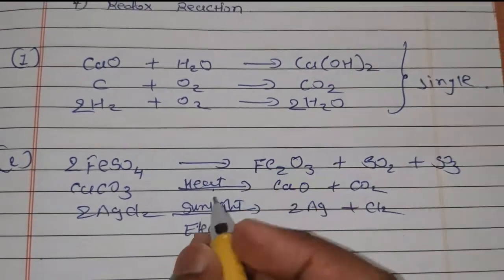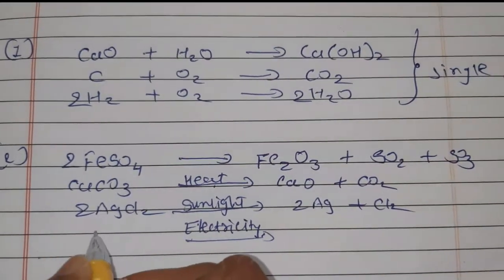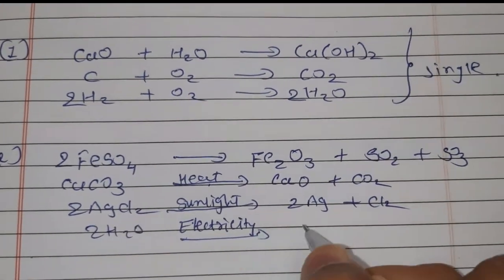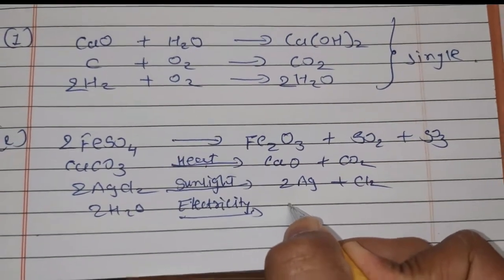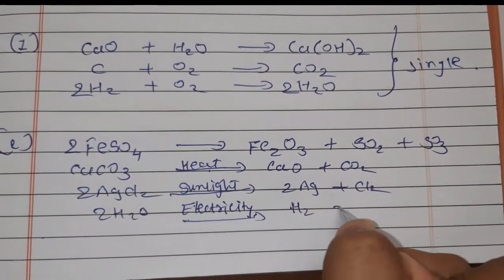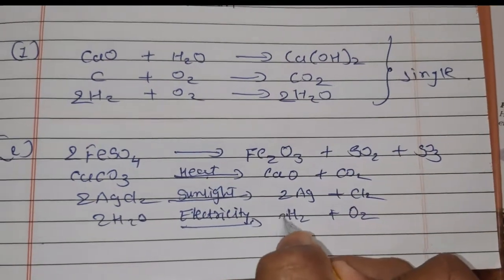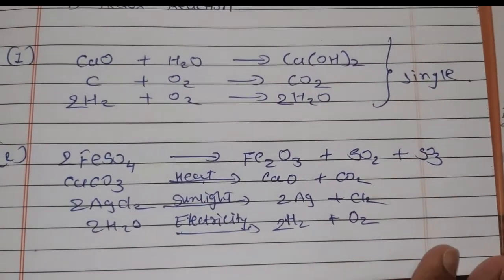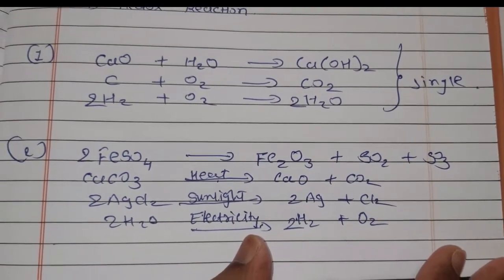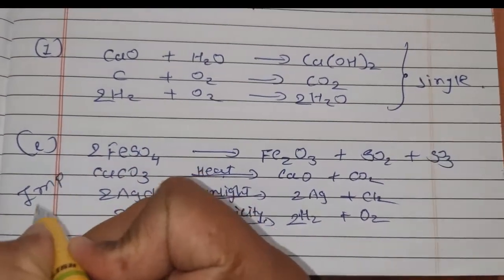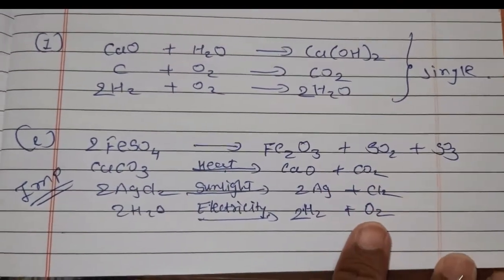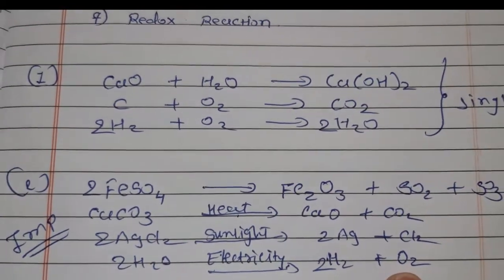And for electricity, the decomposition of water by simply passing electricity converts it into H2 plus O2. This reaction is known as an electrolytic reaction, and this is the most important question which is frequently asked in exams.